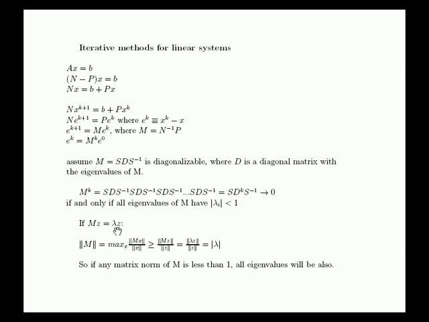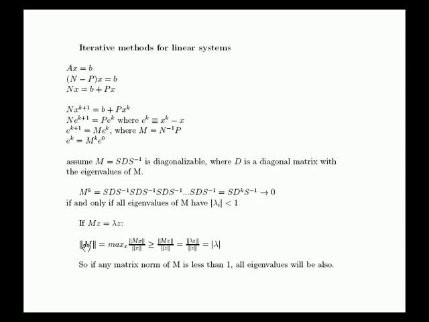If you just take the eigenvector Z as one of your x's, then the maximum of these has got to be greater than or equal to the norm of Mz over the norm of z for a particular z. And if Mz is lambda z, then you just get the absolute value of lambda, which shows that any matrix norm of M is greater than or equal to any eigenvalue, which means if you can prove that a norm of your matrix M is less than 1, that proves all the eigenvalues are less than 1, therefore it converges.